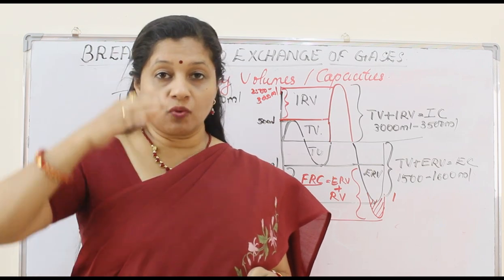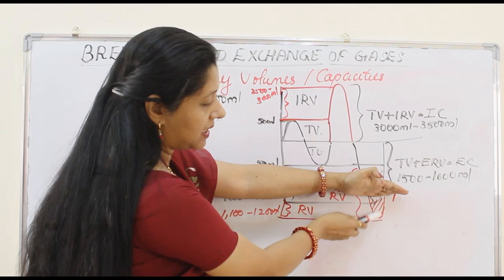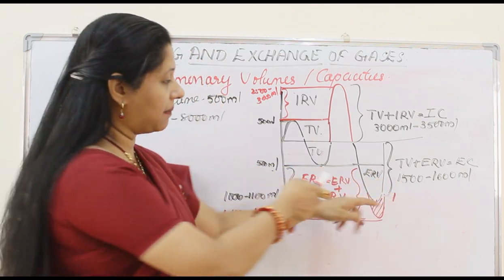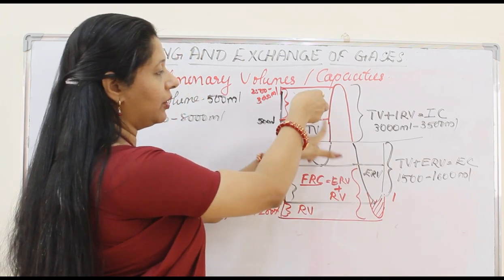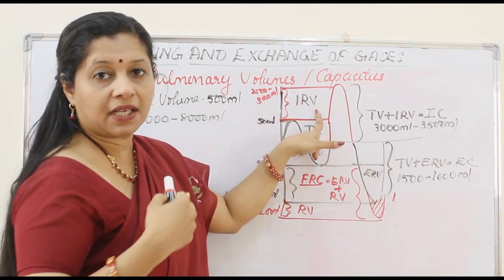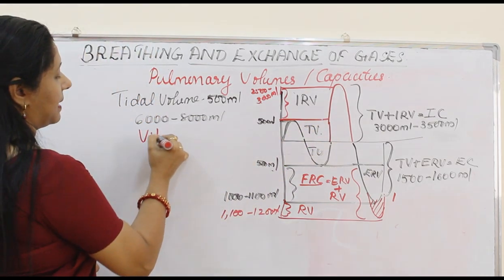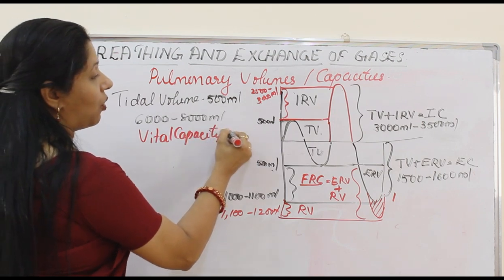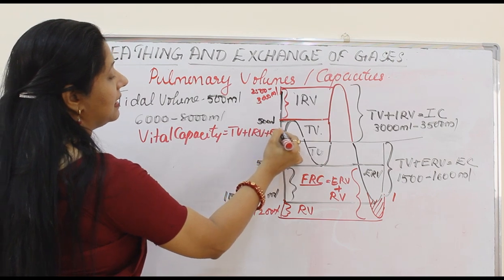When I am forcefully exhaling out, I have only the residual volume in my lungs. Now I am forcefully inhaling, which means I am taking back this ERV, my tidal volume, and the IRV. So together this is known as the vital capacity. Vital capacity is a sum of TV plus IRV plus ERV.